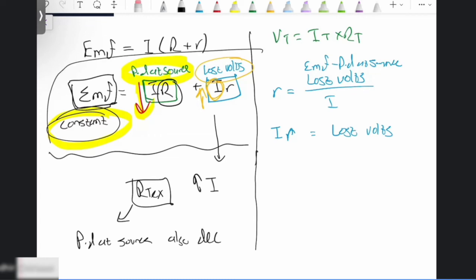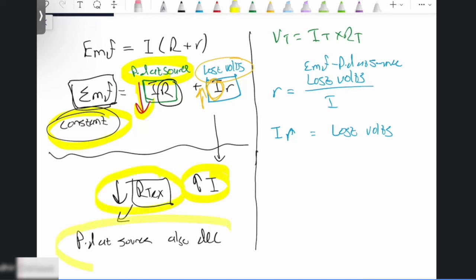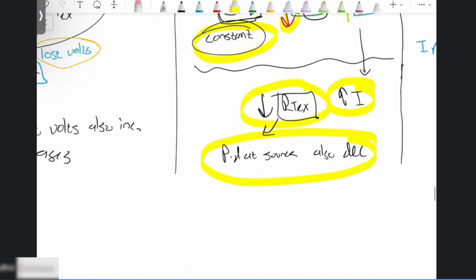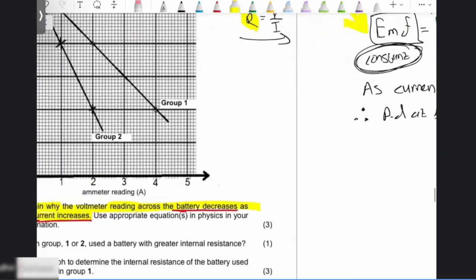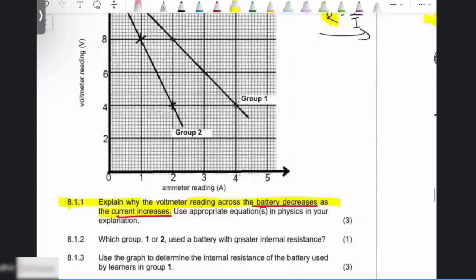But this is the why behind it. Before, I would just say, okay, as current increases, total resistance obviously decreases, and then potential difference at the source would also decrease. But now I'm explaining the why to you. Okay, guys, I really hope that that does make sense now.